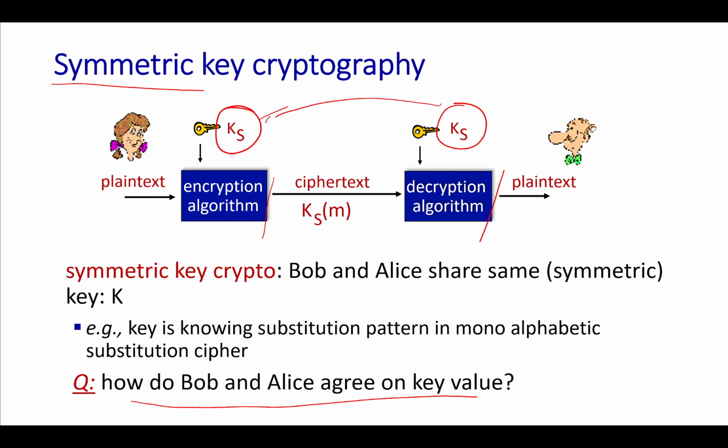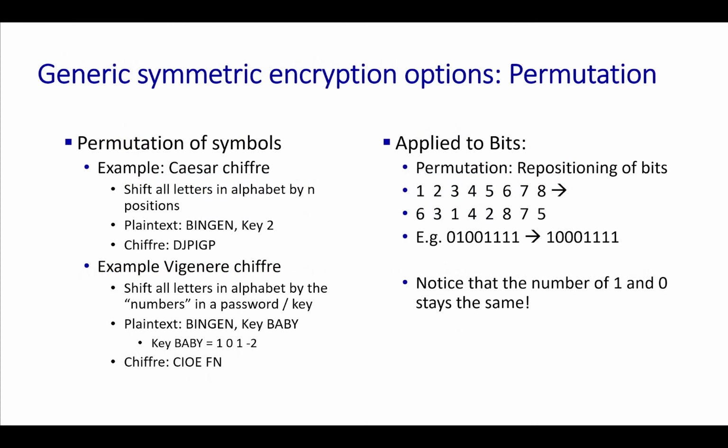There are some very simple and very old symmetric approaches that are still used today, which we can look into. There are three generic approaches to encrypt data symmetrically. First, permutation. If you have a set of input data, you reorder the positions.